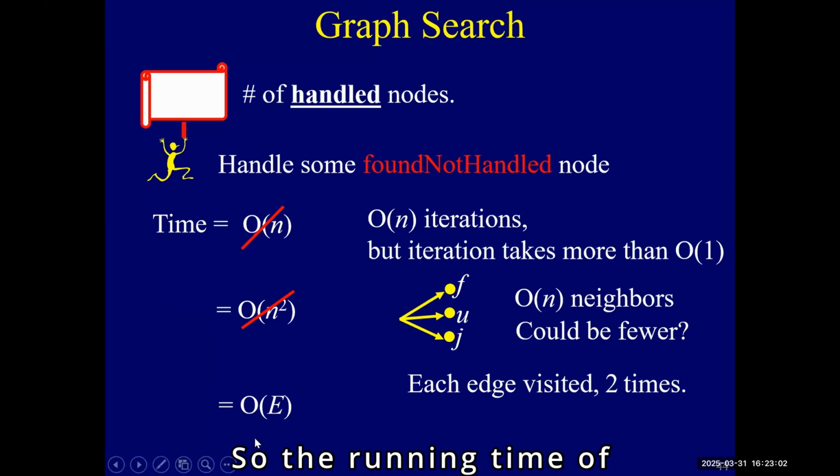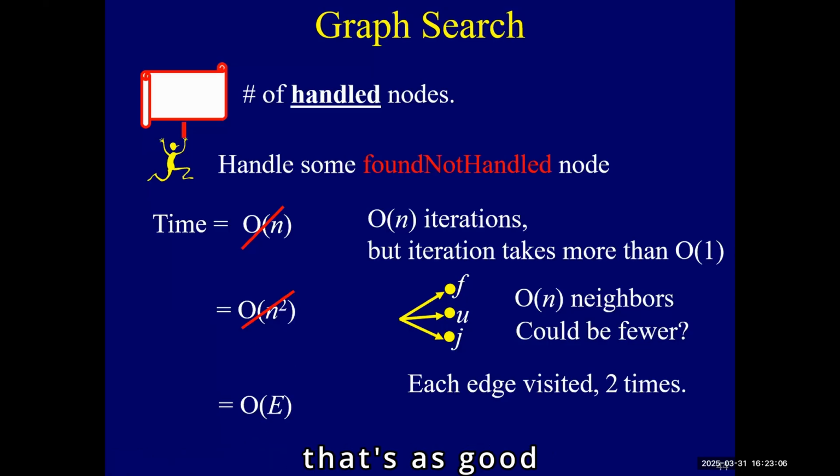So the running time of this is proportional to the number of edges, and I would say that's as good as you can do, because I would actually call that linear time. Why is it linear time? Well, because the amount of space to represent the graph is you have to write down all the edges, right? So the size of the graph is really the number of edges to write it down, to communicate it. And this is linear in that size.